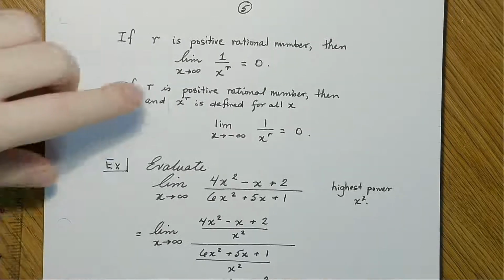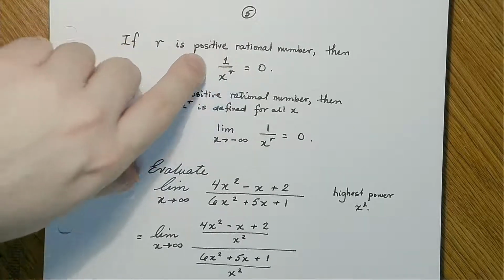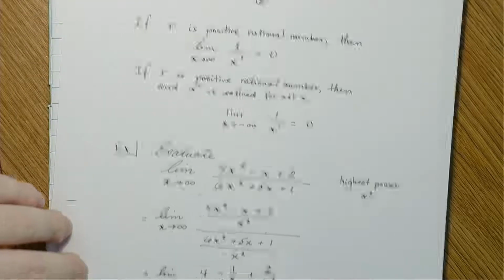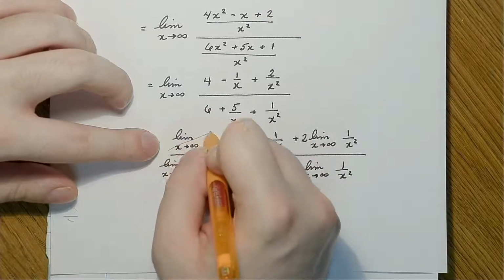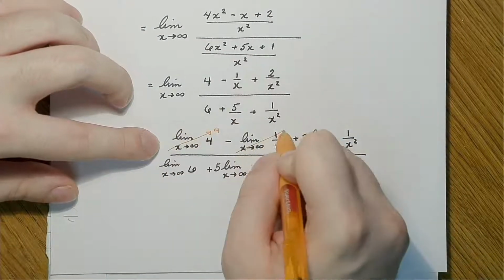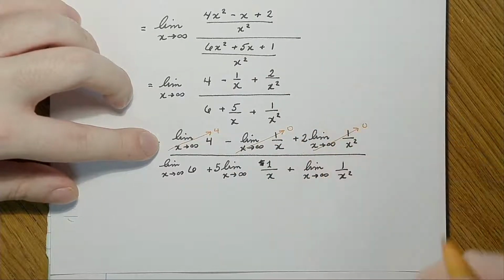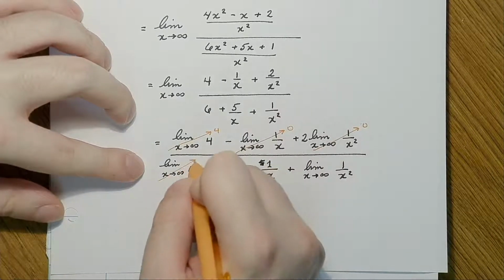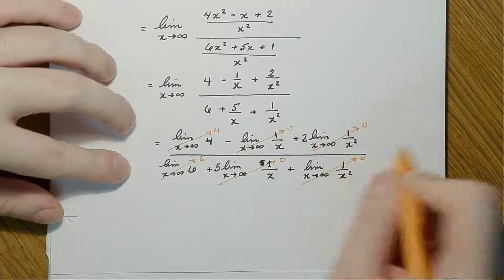So again, what this told us at the beginning is that the limit of 1 over x is equal to 0, and 1 over x squared is equal to 0 as x goes to infinity. So that means here, this is going to go to 4, this is going to 0, this is going to 0 as well. Here I have, this is going to 6, this is going to 0, and this is going to 0.